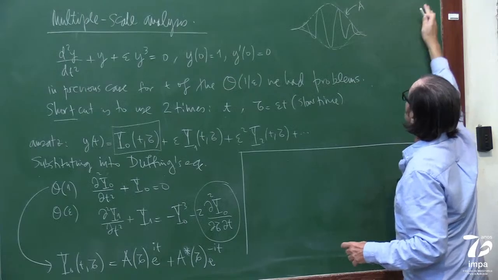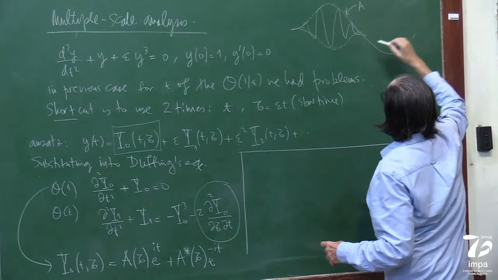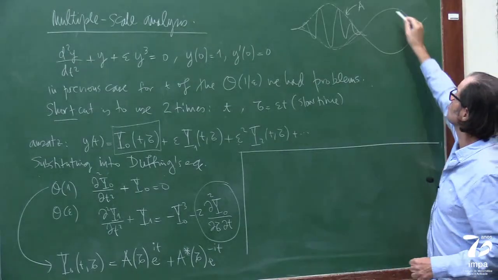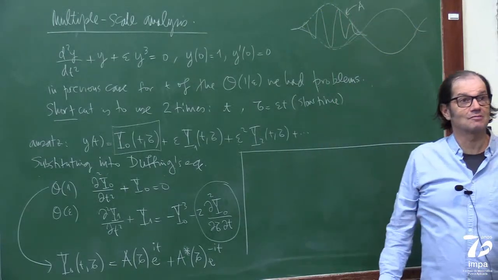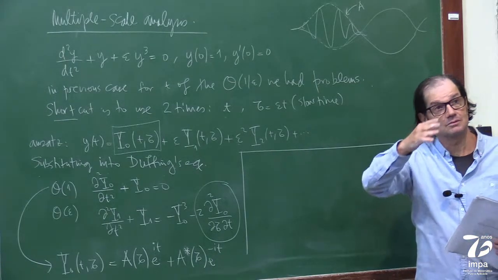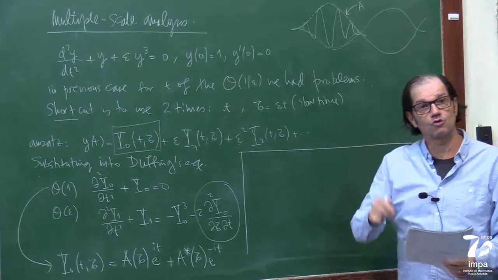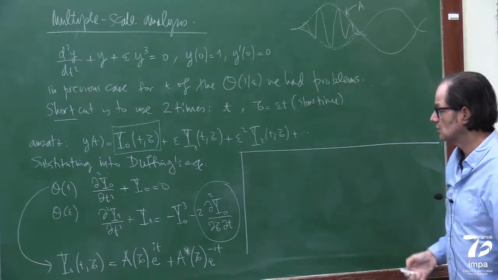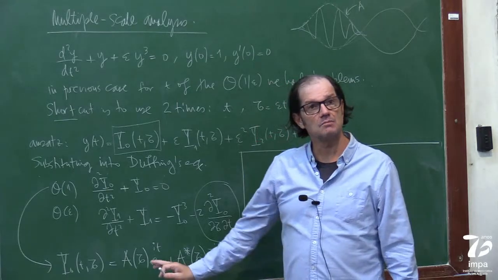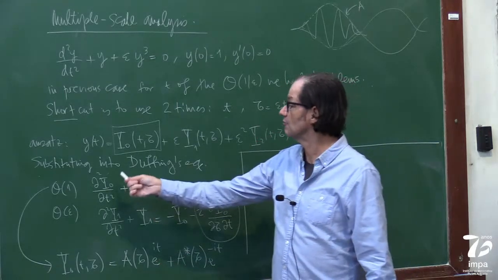Whoops, sorry, let me do a little bit better job. Like this. This would be the slow time variation, right? So it's the envelope. Envoltória, as we say in Portuguese, envelope. So the envelope is slowly varying. Okay? So that's already a novelty for the first guy.